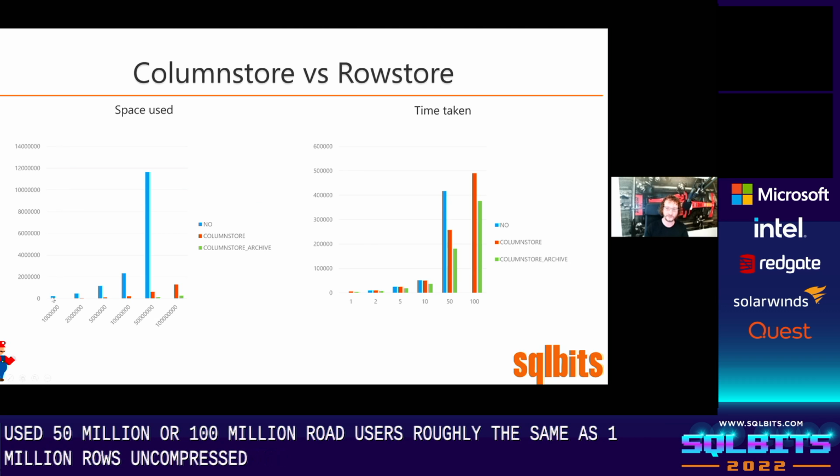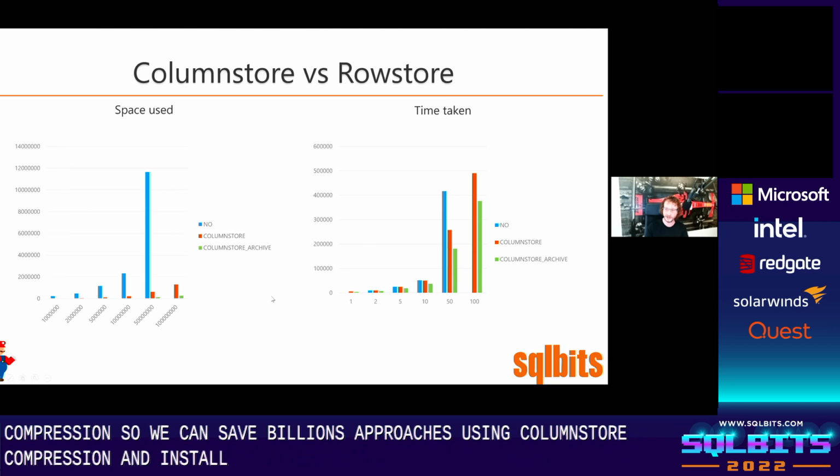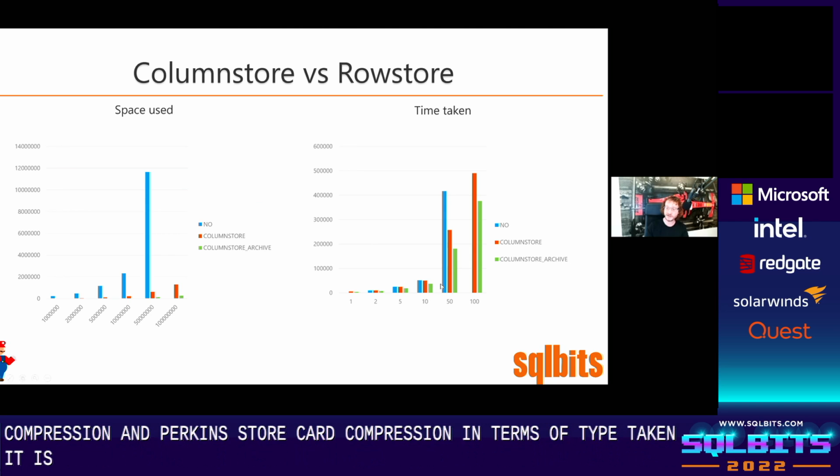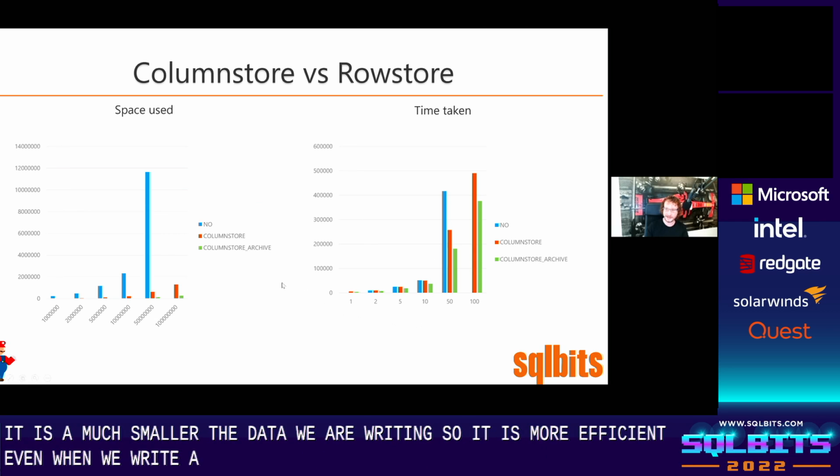So it's very efficient in terms of compression. So we can save billions of rows using column store compression and column store archive compression. In terms of time taken, it is much smaller, the data we are writing, so it is more efficient even when we write the data.